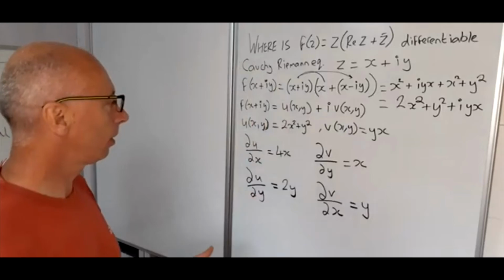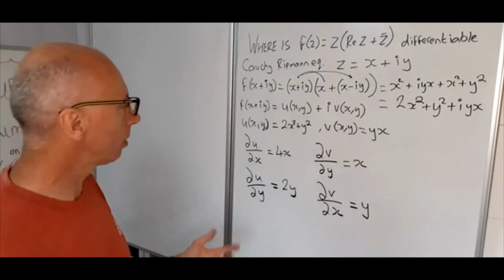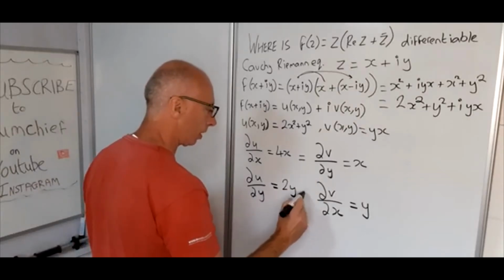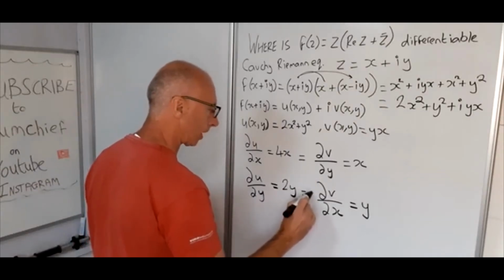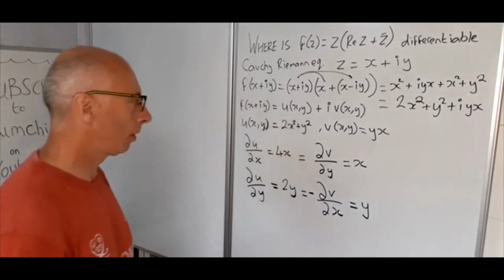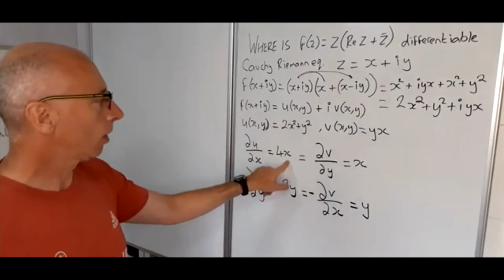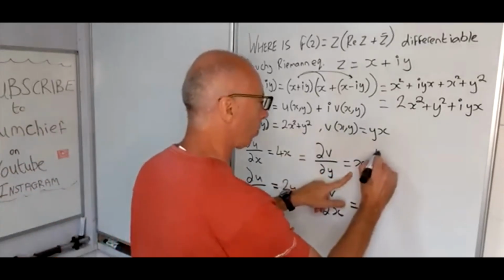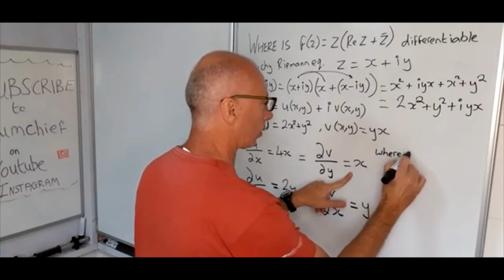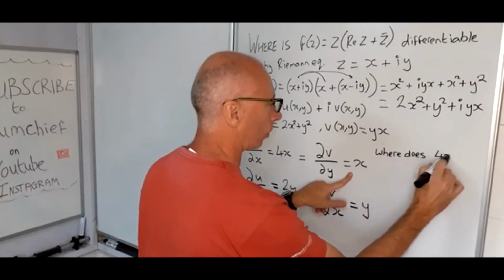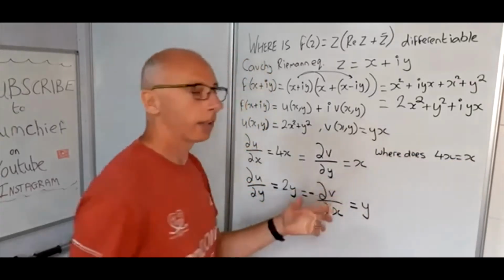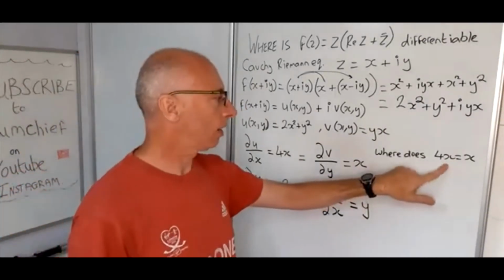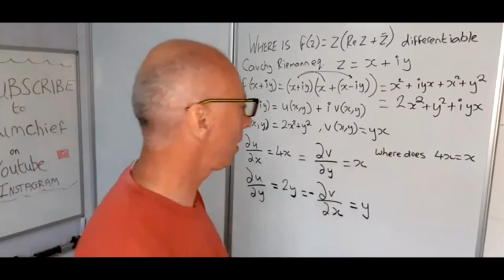Okay, so now the Cauchy Riemann equations give us what we're interested in. So if this one equals this one, and then this one equals the negative version of this one. So what we're looking for is where 4x equals x. Well, the only value here that this applies for is when x is 0.